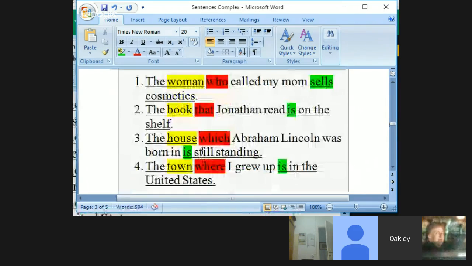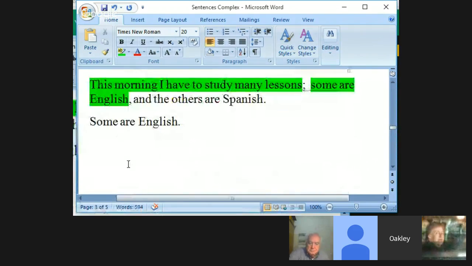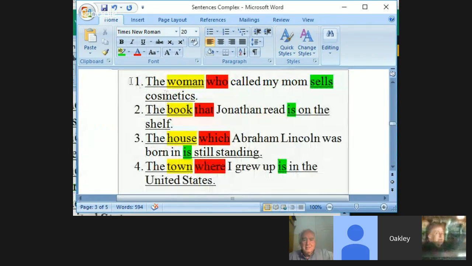But all right, let's get back to what I originally was trying to do here. Complex sentence with a relative clause using who, that, which, where. Let's give that a try. Turkey, can you give it a try? Okay, you mean with the which and that or something? Yes.